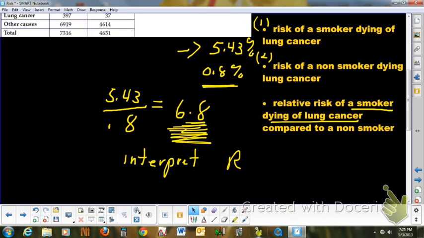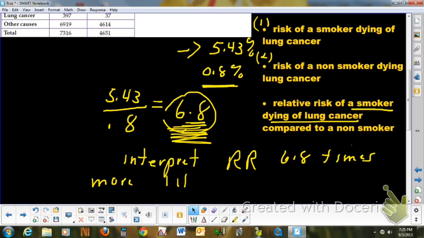In relative risk terms, what that means is that since this is positive, a smoker is 6.8 times more likely to die of lung cancer than a non-smoker.